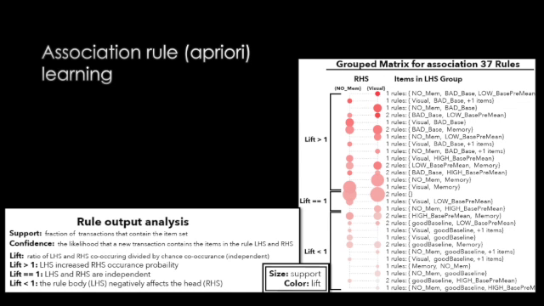The top one, or the stronger color there, is what's called lift, meaning it's strongly represented in the data. You're not telling it to learn anything else, but say, there's this data. What can you tell me about how these things relate? So it's just blindly associating things and saying this percentage of the things are happening together.